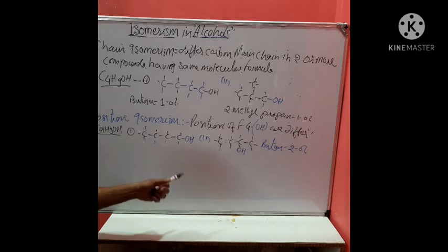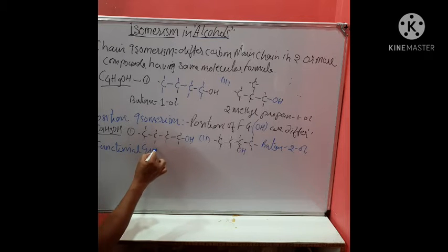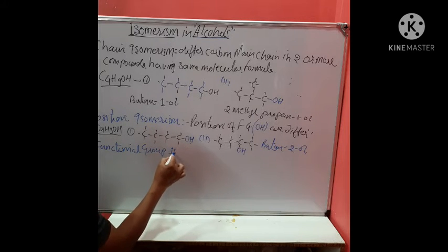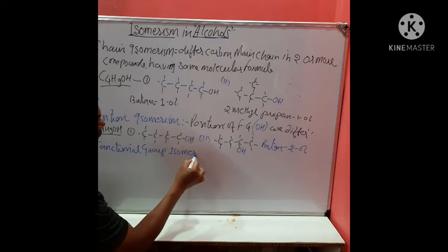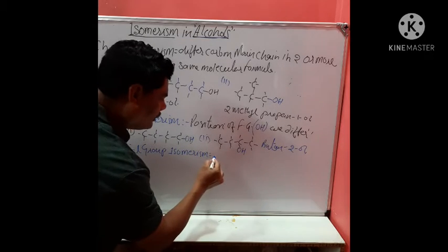Student, can we show one more type of isomerism, by observing the definitions of different types of isomerism? So student, we have one more isomerism. This isomerism is known as functional group isomerism. Now what is functional group isomerism?